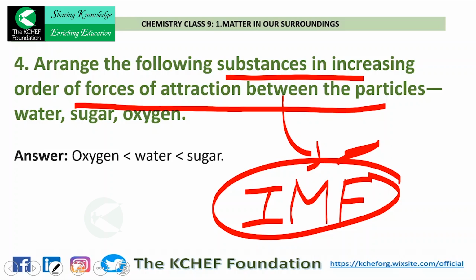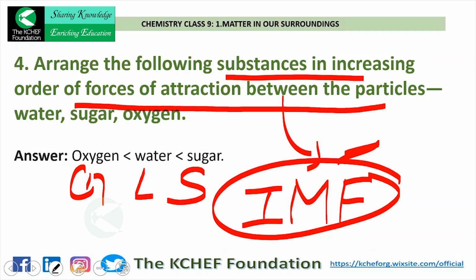So you have to arrange water, sugar and oxygen in increasing order of intermolecular force of attraction. Oxygen is a gas, water is a liquid, and sugar is solid. We have compared the intermolecular force of attraction in video part 2. Yes, video part 2, there was one table given.